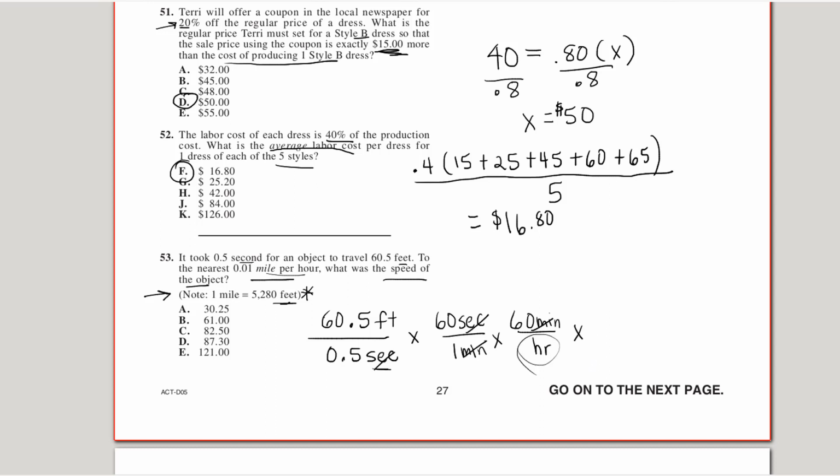Now let's do our distance. We are told that 1 mile equals 5,280 feet, and that way we can set it up this way to get our feet to cancel. We'll plug each of these numbers into our calculator, and you should get 82.5 miles per hour. And that is answer choice C. Conversions are very important in this problem.